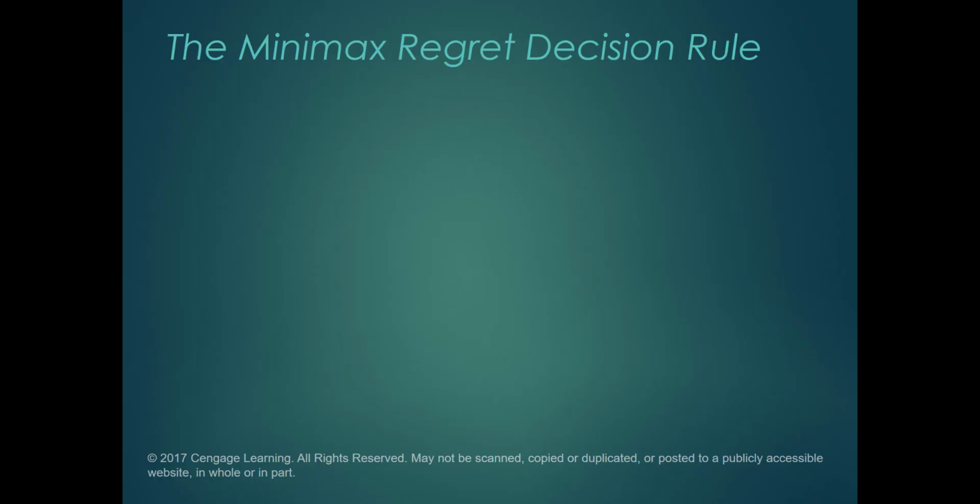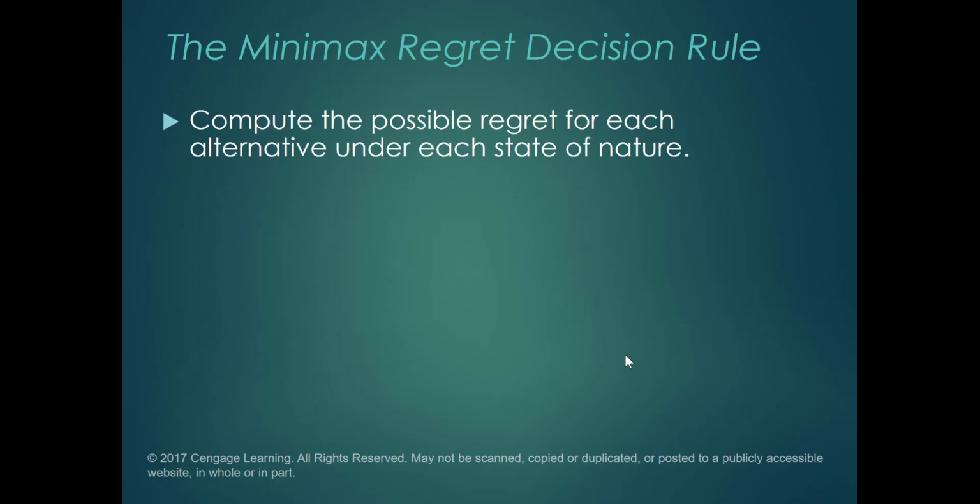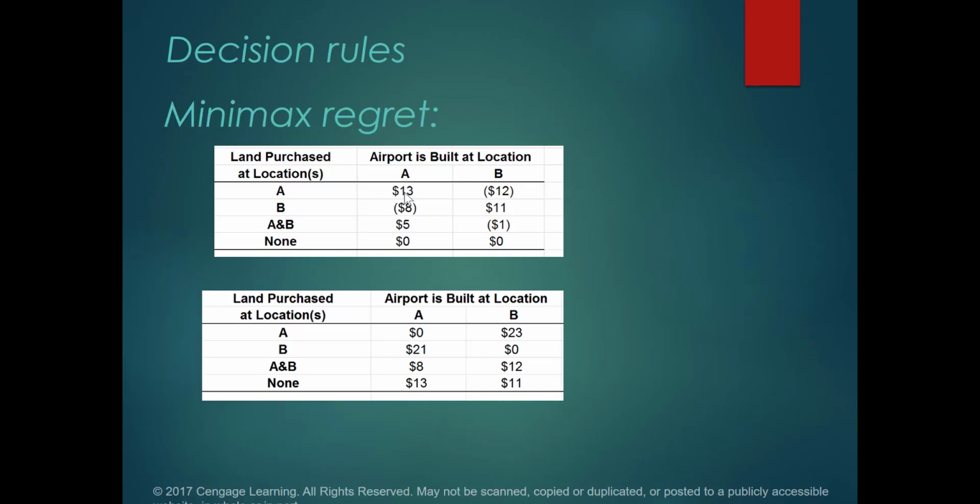The last method that we cover in this part is minimax regret. Another name of this method is opportunity loss. So basically we compute the possible regret of each alternative under each state of nature. So the payoff that can happen, for example, for alternative A is 13.